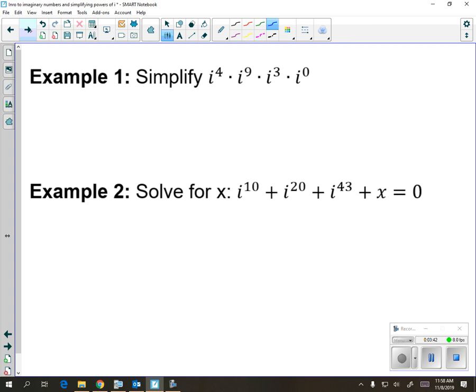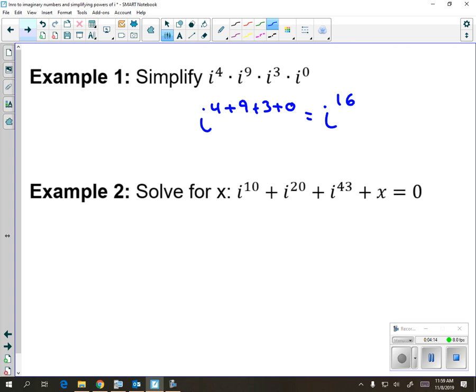So let's work on simplifying expressions. With these, first of all, if you're multiplying numbers with exponents, the rule is when you multiply numbers, you add the exponents. So this is really I to the 4 plus 9 plus 3 plus 0 power, which is I to the, let's see, 4 plus 9 plus 3 is going to be 16.